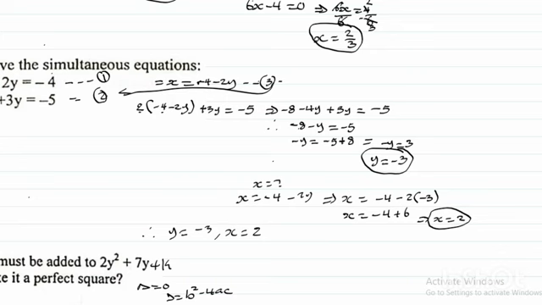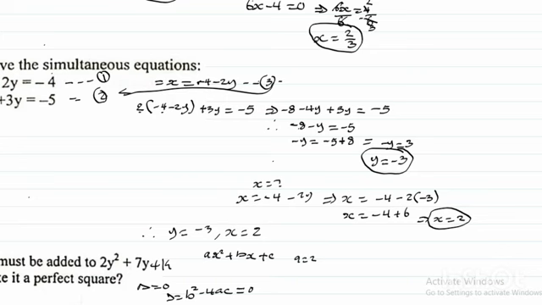Therefore, let's equate the discriminant to 0. Next, let's compare the values of a, b and c. If we compare to the general form of the quadratic equation, ax squared plus bx plus c, then here we have 2y squared, so our a is equal to 2.